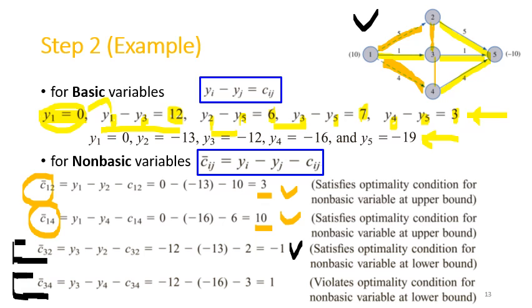This is okay, but here you see it is not less than or equal to 0. So which means that among the non-basic variables, one of them violates the optimality condition. So it means that this BFS is not optimal yet.